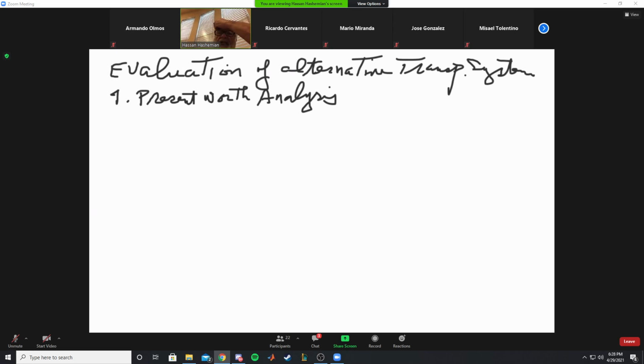All right. So one of the methods that we use is present worth analysis. The second method that we're going to discuss is called the annual method. The third method we call rate of return analysis.